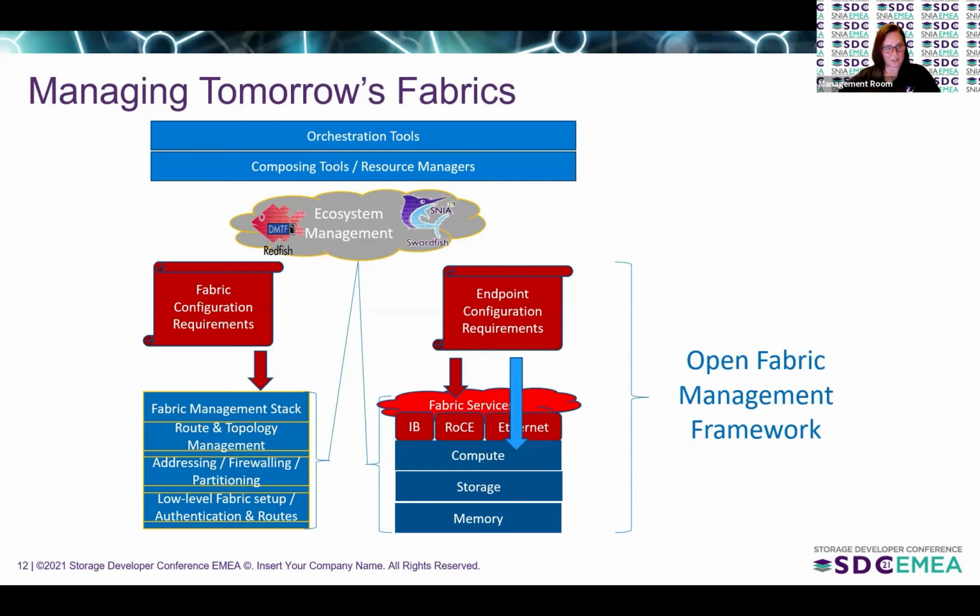As you can see, there's everything from endpoint configuration requirements, which brings in that base Redfish fabric management capability, to layered workload and storage fabric management use cases through the layered fabric management stack over here on the left side, starting with base level fabric instrumentation, starting with fabric setup, authentication and routes, and moving up the stack to addressing firewall partitioning, route and topology management, and getting that base fabric configuration management in place so that we can add layered value add, performance automation, tuning, workload analysis, workload management, and feeding all of those in through a Redfish and Swordfish interface up to additional composition tools, orchestration tools, and resource managers above the APIs.